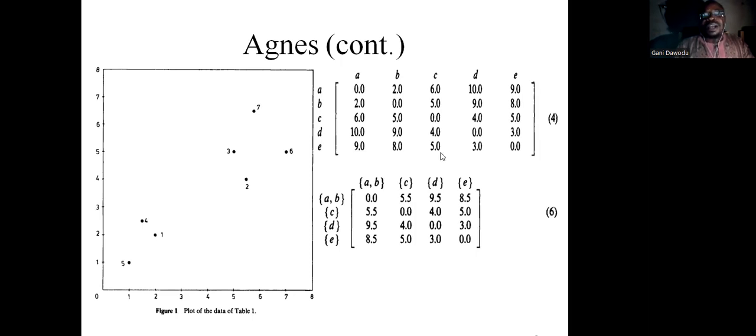Now, in our distance matrix, you will notice that besides the diagonal entries, the distance value that is least is 2.0.